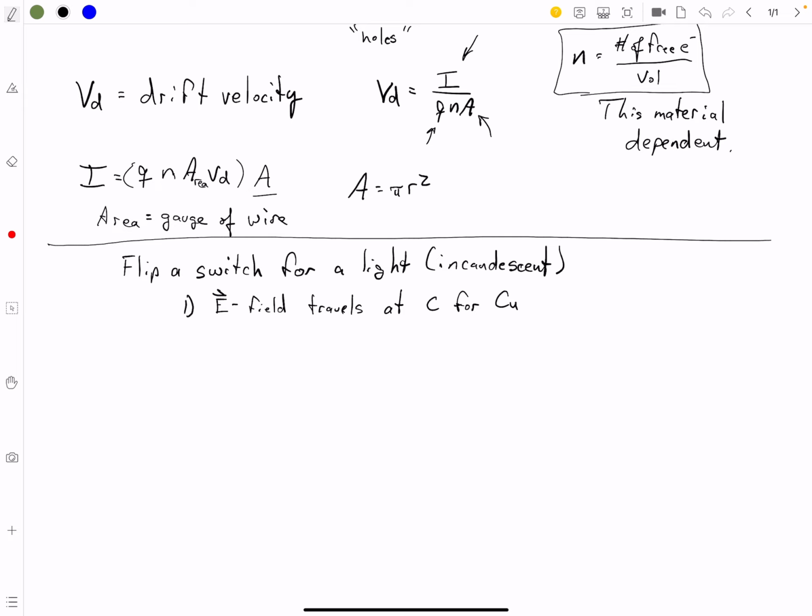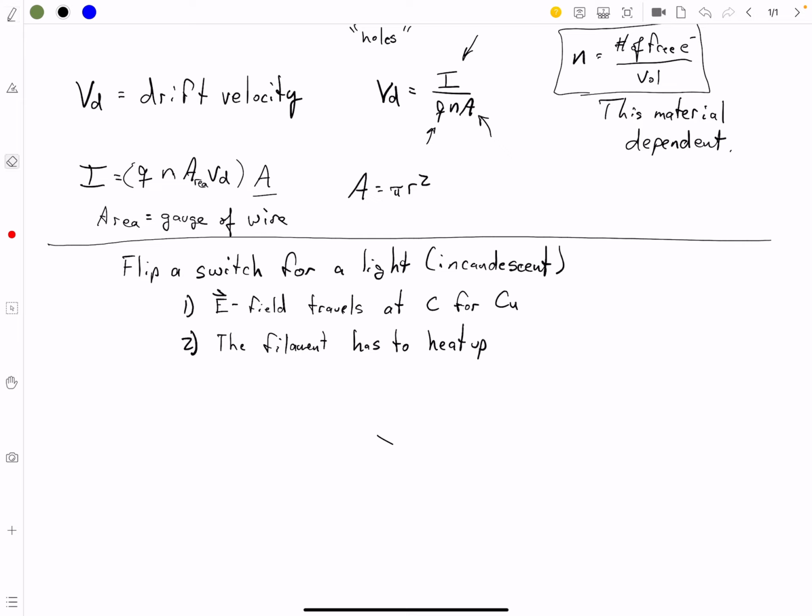So you'd think that we would have our lights come on at that point. However, there's some stuff that slows it down a little bit. The filament itself has to heat up.